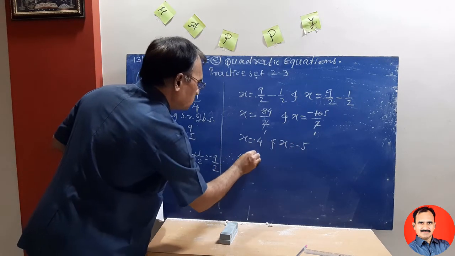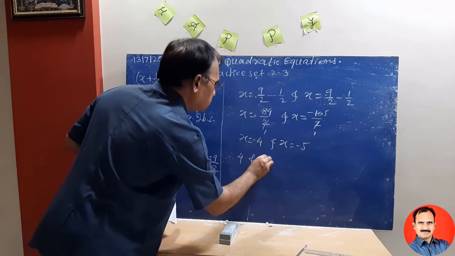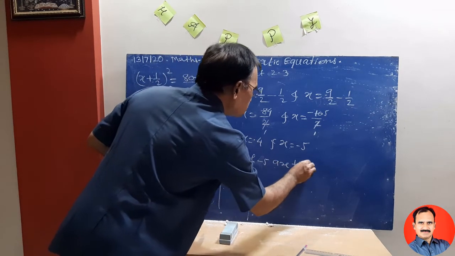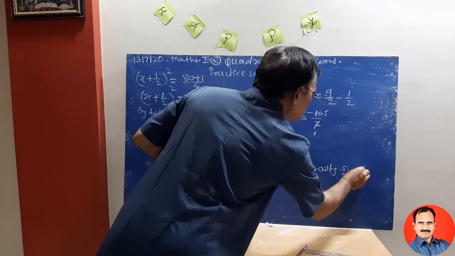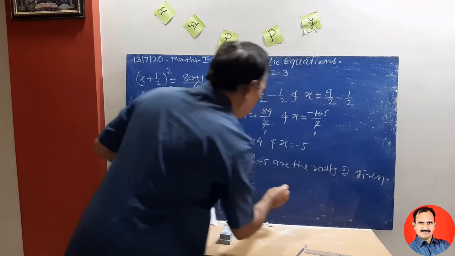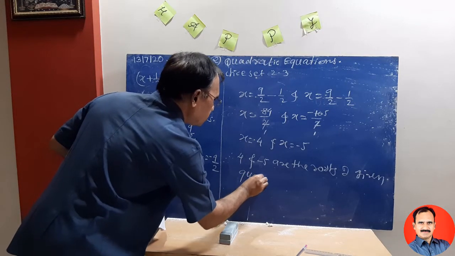Therefore 4 and minus 5 are the roots of the given quadratic equation.